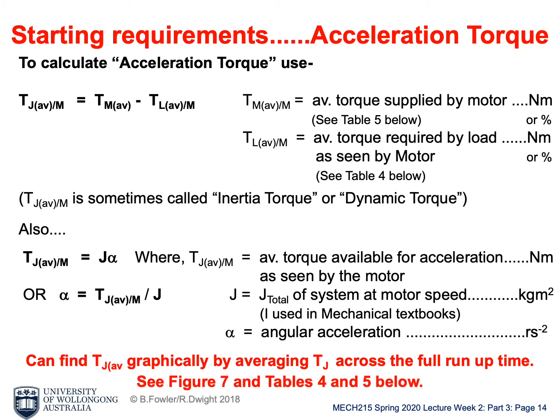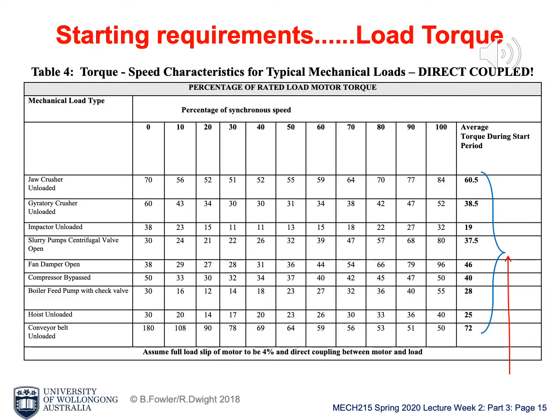So accordingly, figure 4 and table 4 and table 5 are as follows. Table 4 gives us the average load torque for different types of loads. You can see there's a jaw crusher, an impactor, a fan, and different kinds of loads.